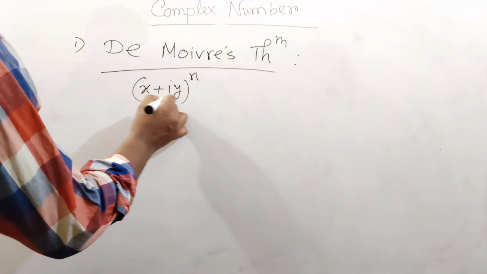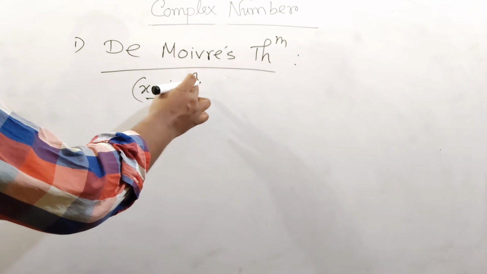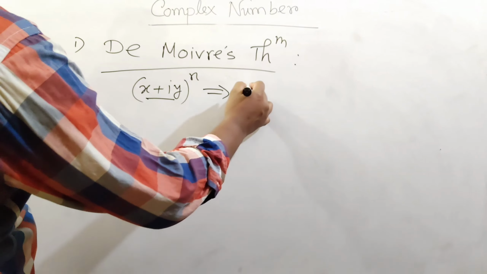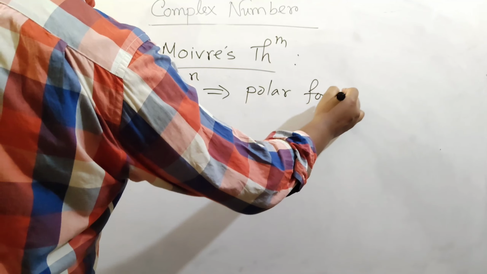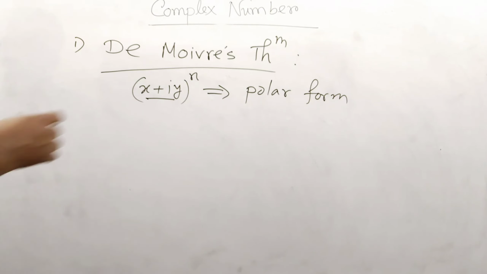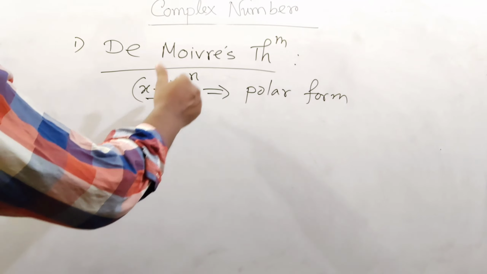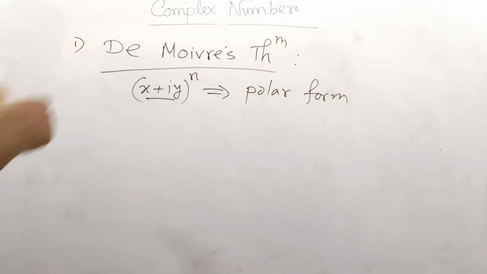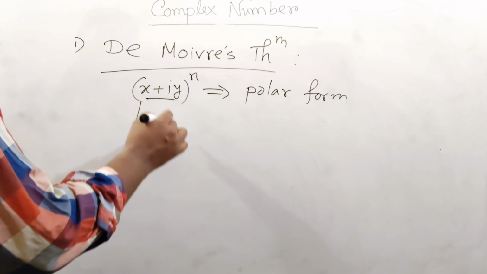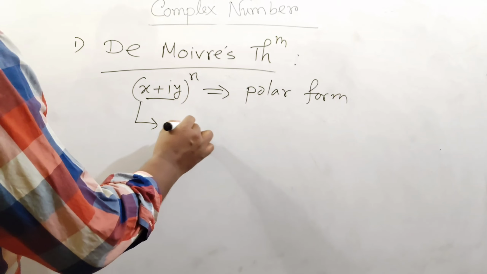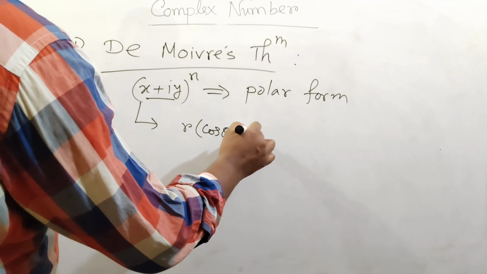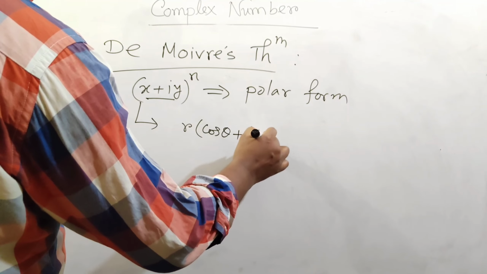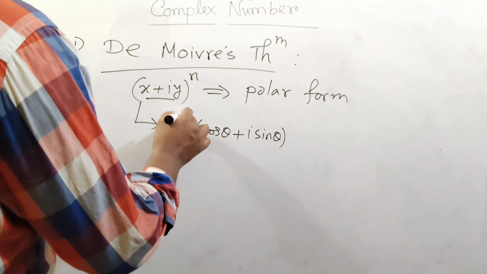So what is the theorem? Suppose this is a complex number, to the power n. So what is the polar form of this? We already learned the polar form of a normal complex number, but here, if it is power n, then what is the polar form? We already know that the polar form is r cos theta plus i sin theta.